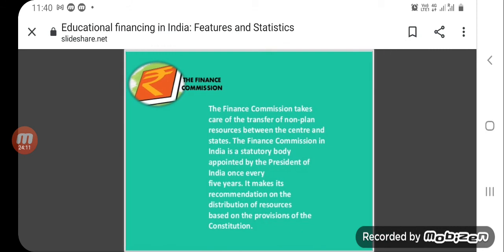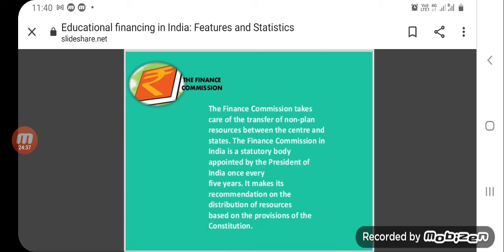The Finance Commission takes care of the transfer of non-planned resources between the center and states. The Planning Commission determines and controls the plan expenditure. But the Finance Commission takes care of the transfer of non-plan expenditure between center and states.